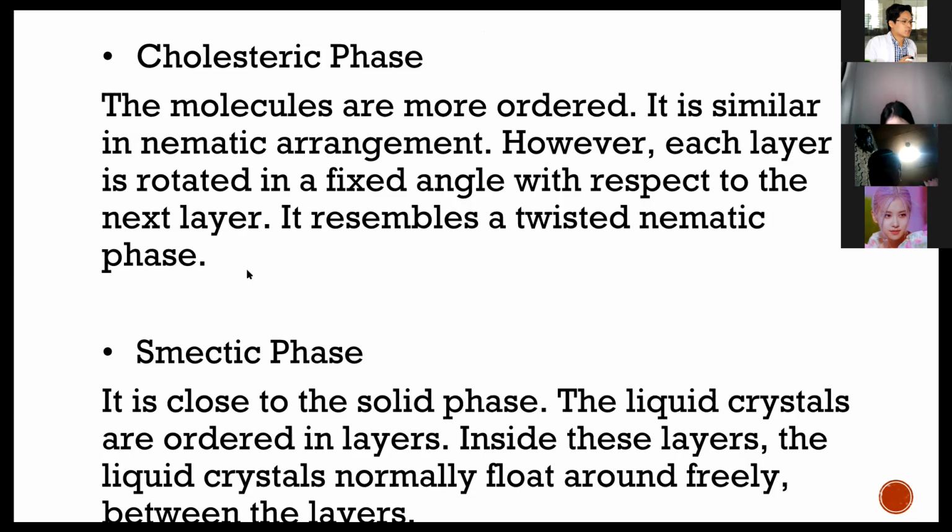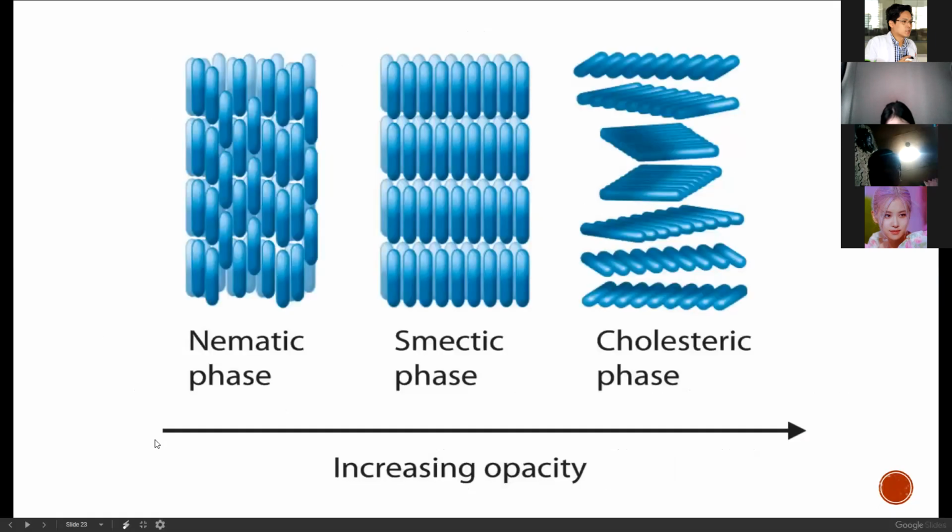If you're going to look at it, this is actually how it looks like. Nematic phase, that is the arrangement. If you look at its ends, they are not arranged properly.